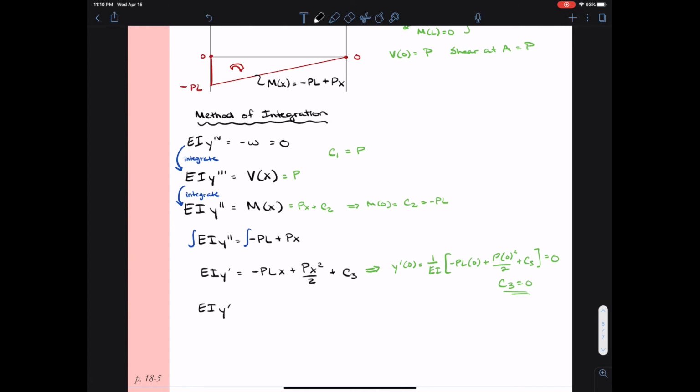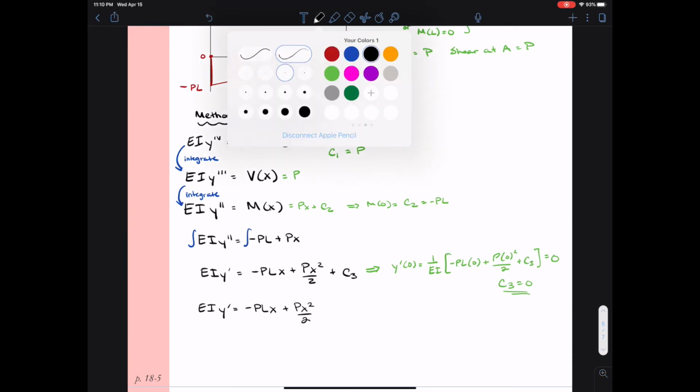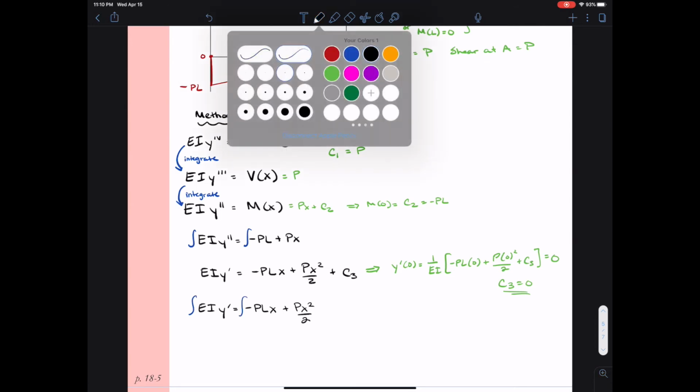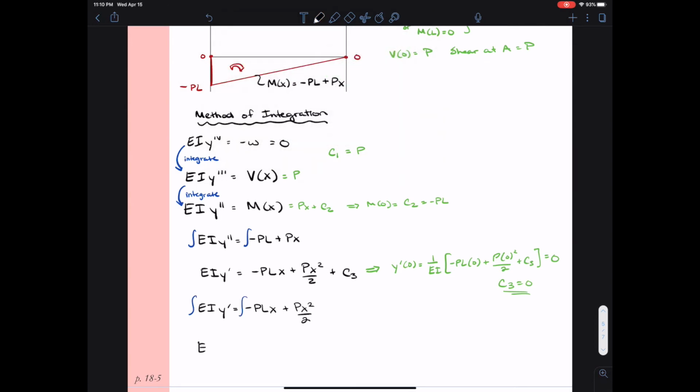Finally, we can integrate one more time from our slope to get to our equation of our deflected shape. So I'll just rewrite that without the constant C3, integrate both sides, and now we have the result EI y equals negative PLx squared over 2 plus Px cubed over 6 plus C4.